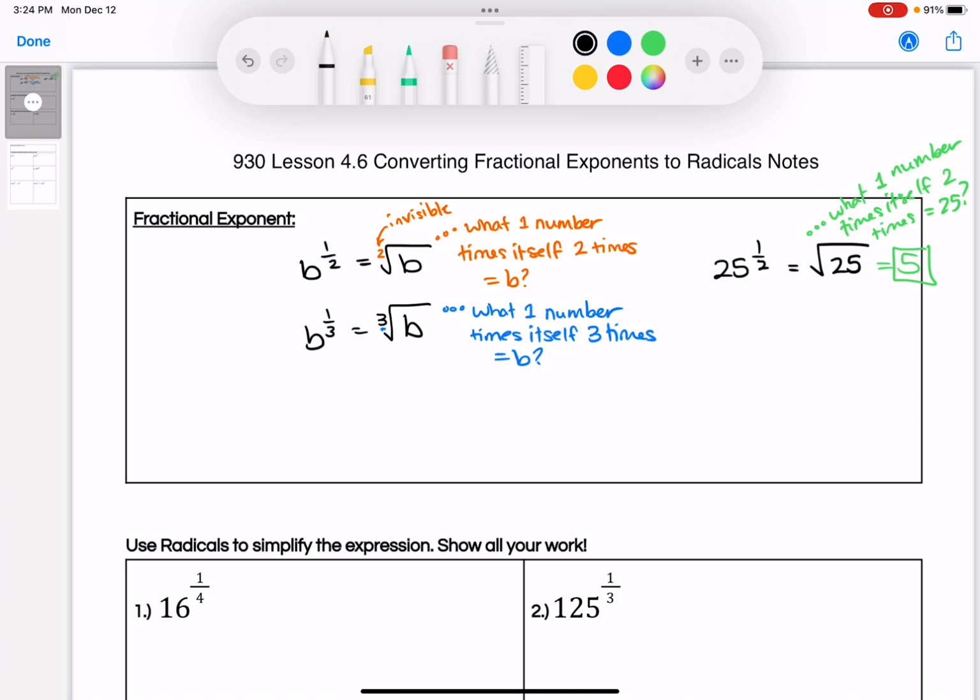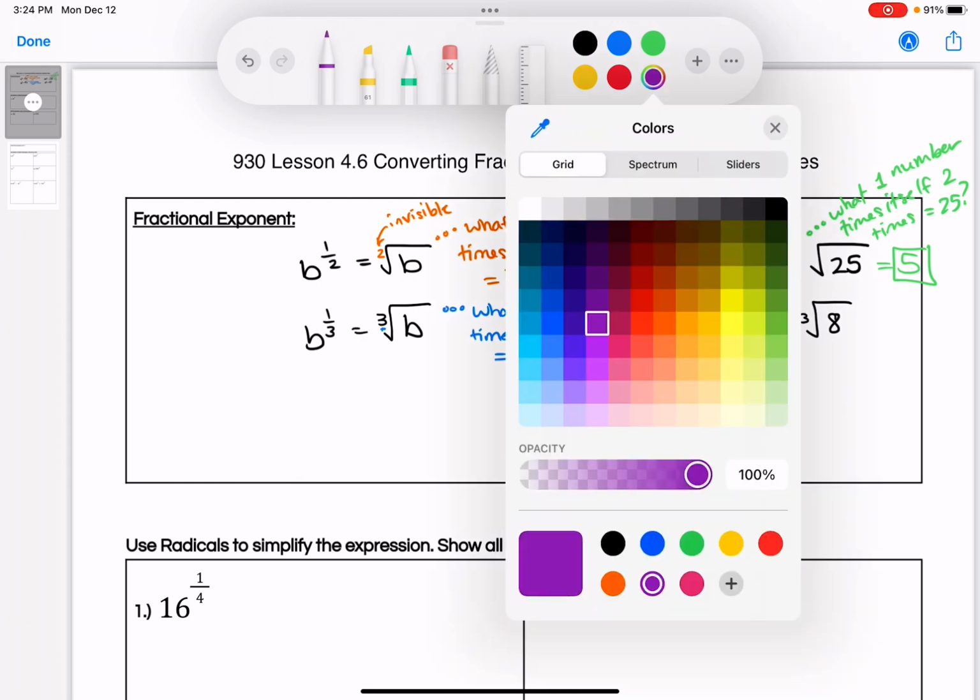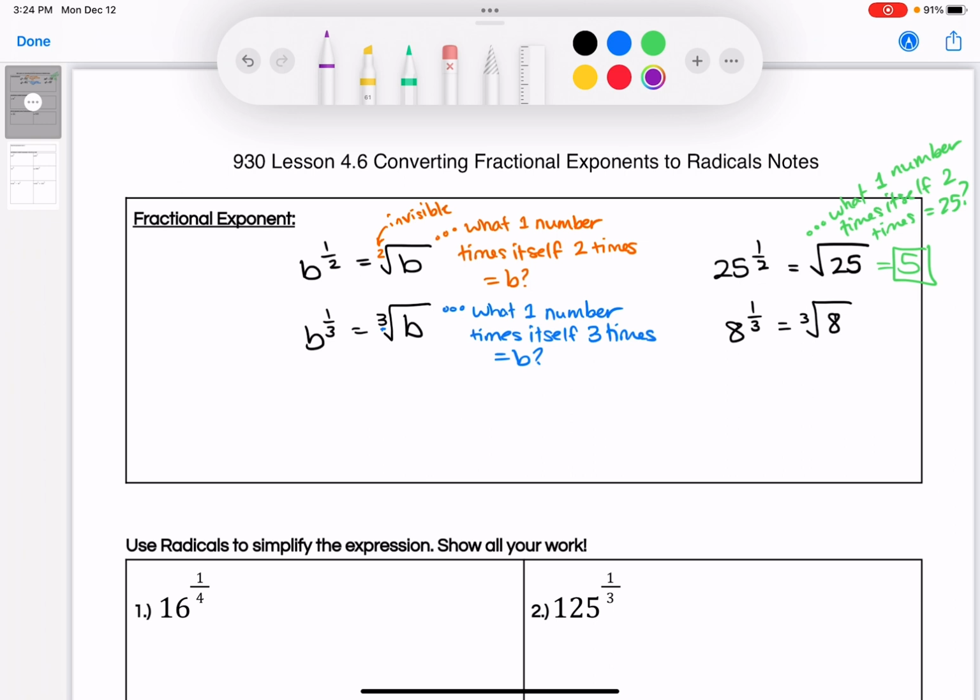So again, to put it with some actual numbers, if I said 8 to the 1/3 power, that would mean the third root of 8. What one number times itself 3 times equals 8?